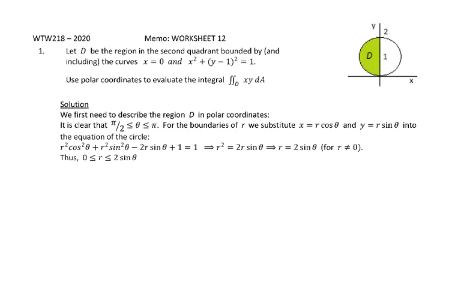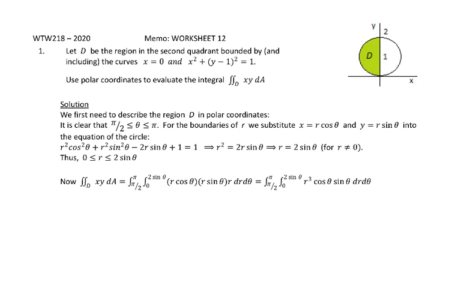Using the fact that cos squared theta plus sin squared theta is equal to 1, this equation simplifies to r squared equals 2r sin theta, and we can then divide each side of the equality sign by r because r is not 0, and we find that r is 2 sin theta. It's also clear that r has to start at 0, that is right at the origin, so the smallest value for r is 0 and the greatest value is 2 sin theta.